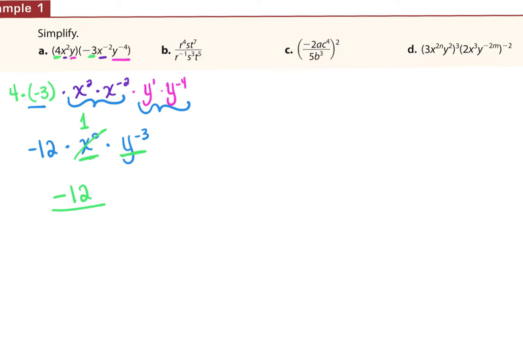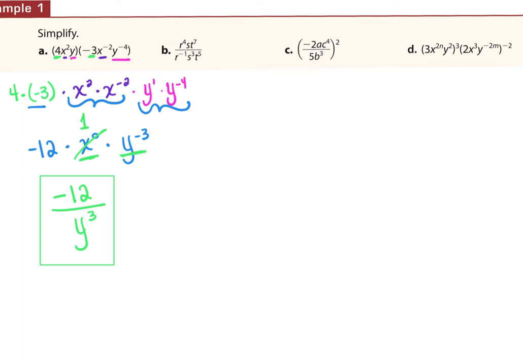But I need to draw a line and I need to move that y to the denominator. And when I move it, when I reciprocate it, my exponent is now positive. So that is y to the +3rd power. And that is my answer. I cannot reduce it anymore. It is the only thing I can do, and I am done. That's my answer. -12 over y cubed is my answer there.